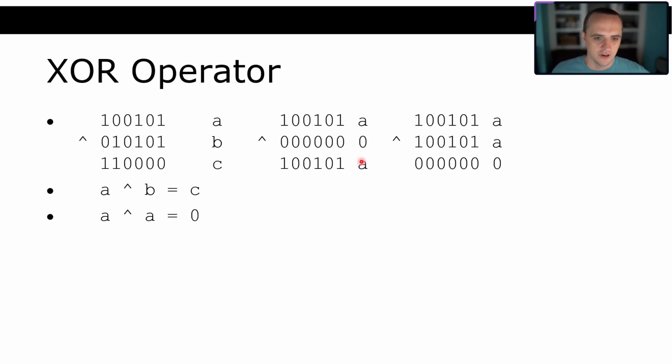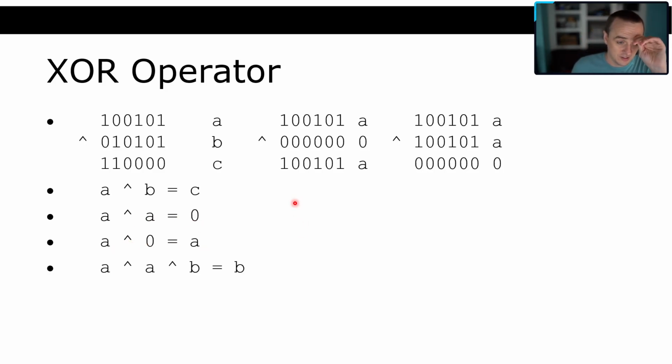Another interesting property is that if you XOR anything with itself, you get 0 because everything's the same. So A XOR itself is 0 and A XOR 0 is itself.